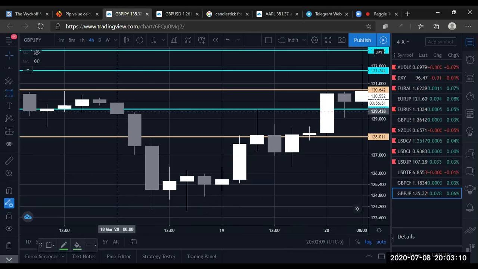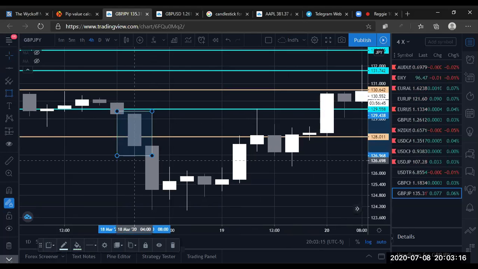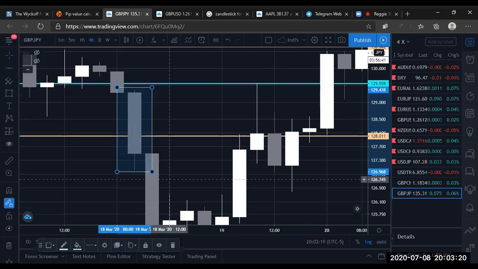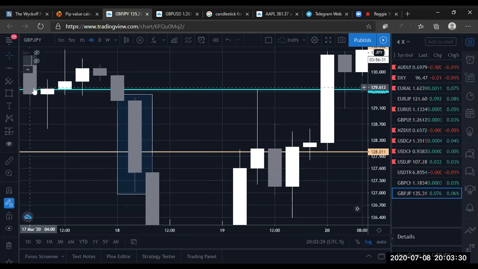Rectangle. This one right here. All right, so you see the lowest of that candle was the bottom of this wick right here, and the highest, it only went up. So this tells me that price only went up just a little bit, and then it continued to fall again.